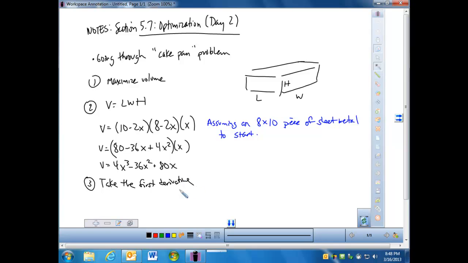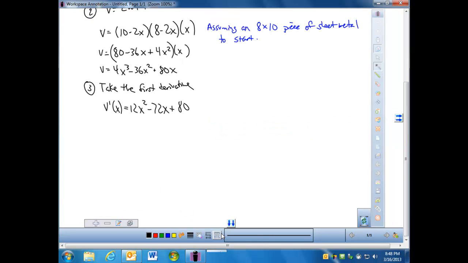And the reason I'm doing that is, as we've talked about repeatedly through this chapter, the first derivative will help us find critical values. And critical values often show themselves as extrema, a relative min or a relative max. And so I'm going to set that first derivative that I just found equal to 0.